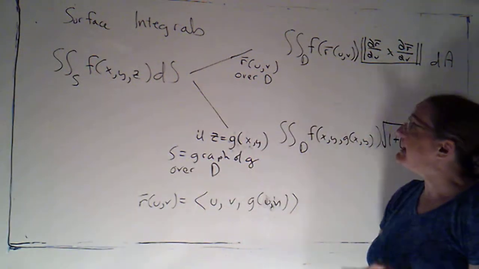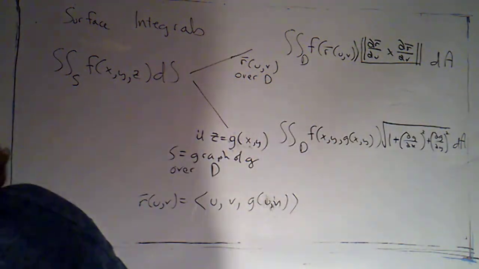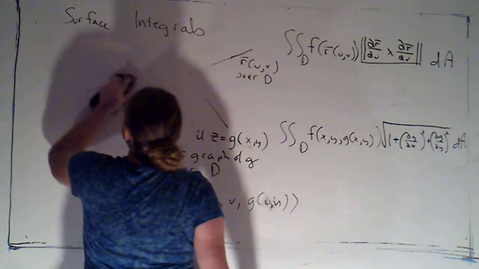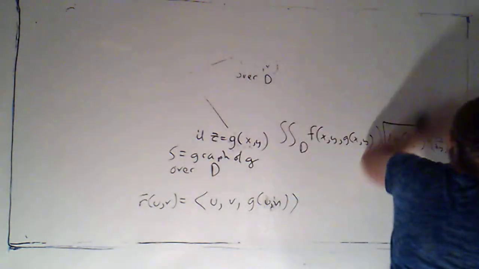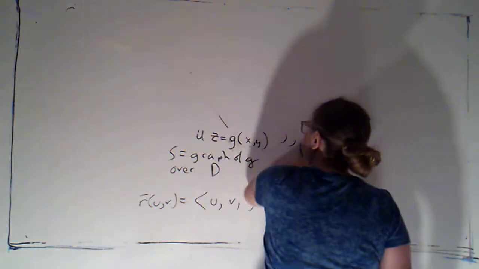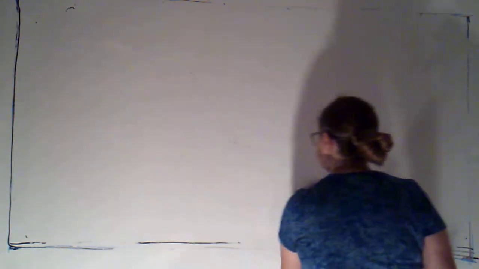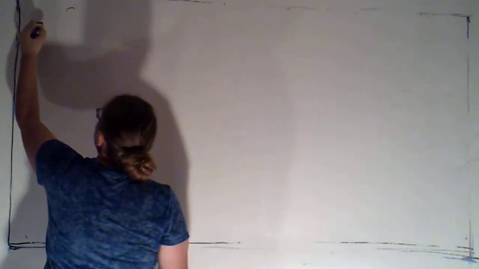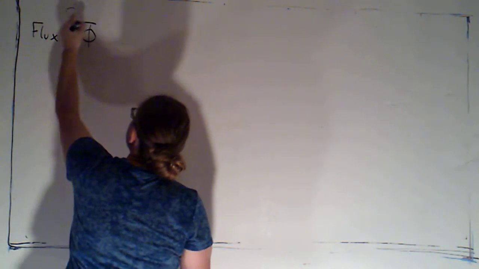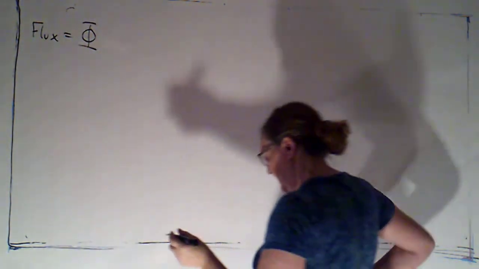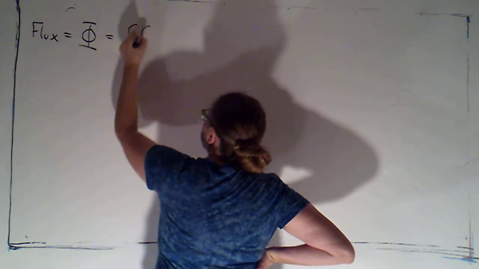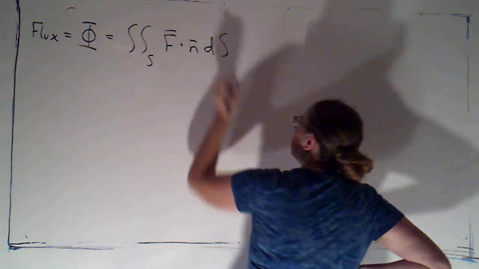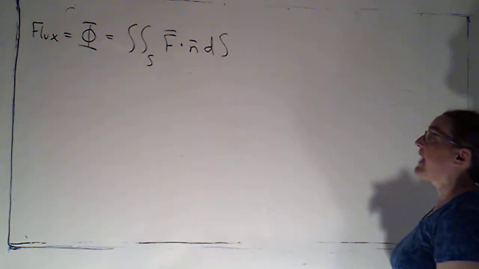Now, the main example of a surface integral that we saw was a flux integral. So let's take a look at a flux integral. So flux, which can be denoted with a capital phi, would be if I have a vector field F and I'm integrating F dotted with n dS over that surface.